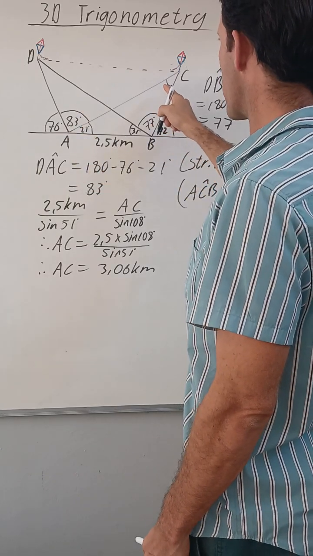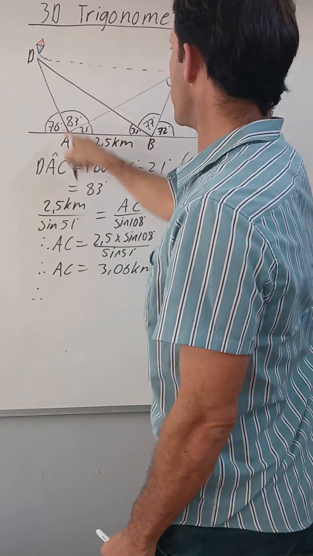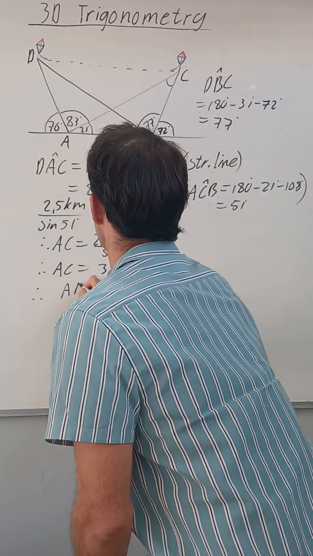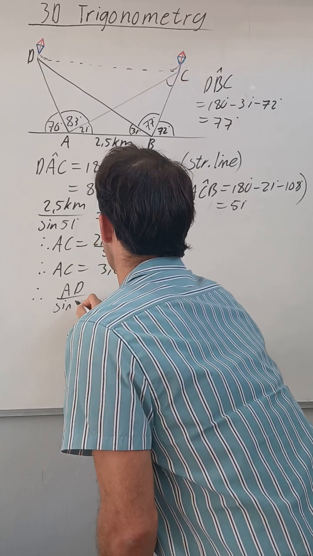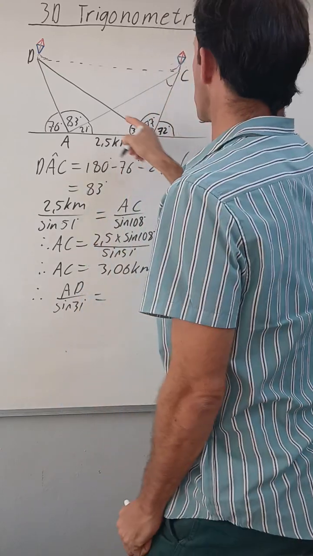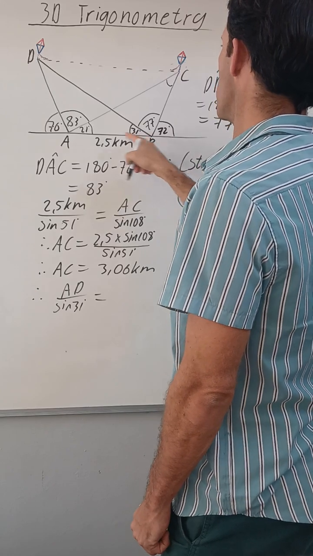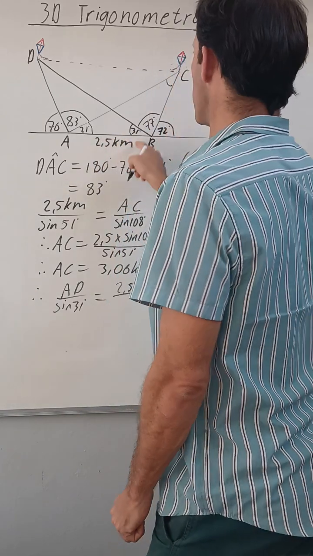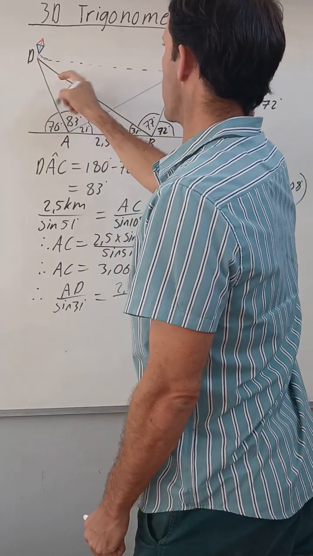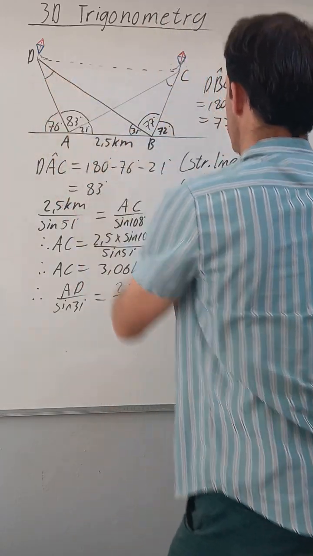So AC is 3.06 kilometers. Okay, so now we can say, therefore, if we want to get DA now, AD over sine 31 is equal to 2.5 over, and then this angle here. So let's quickly find that angle, ADB.